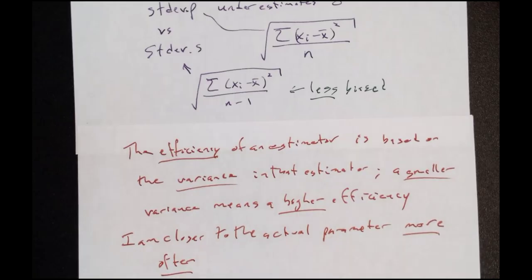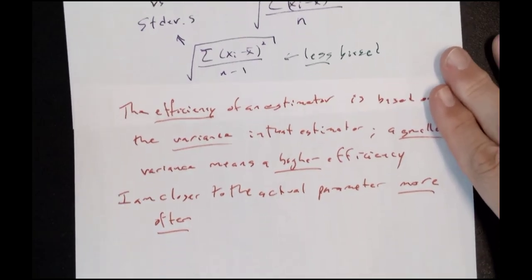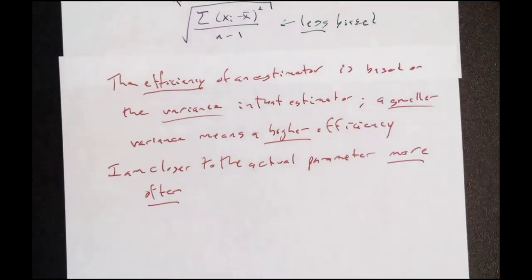Now, "more often" here is a key phrase, because remember, I'm doing this sampling idea more than once. Let me go back to the target idea. If I've got a big variance on a target, what does that mean in the picture of my target?